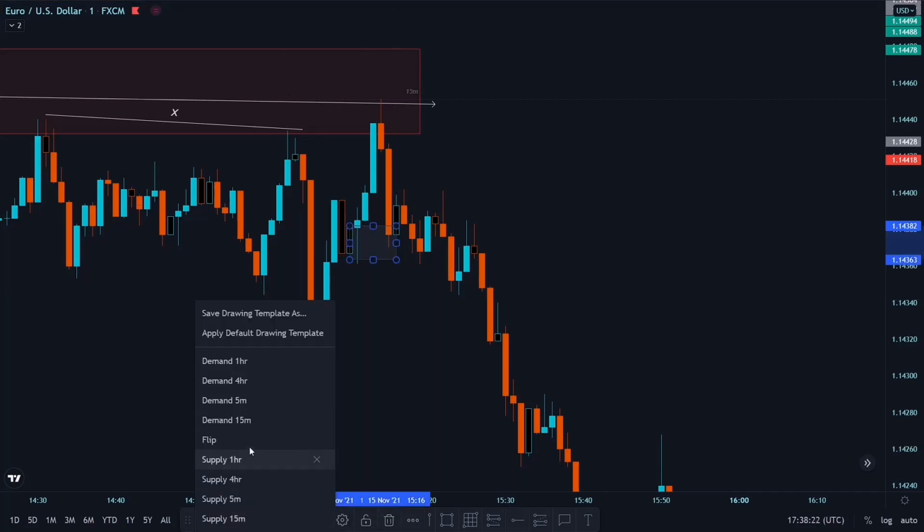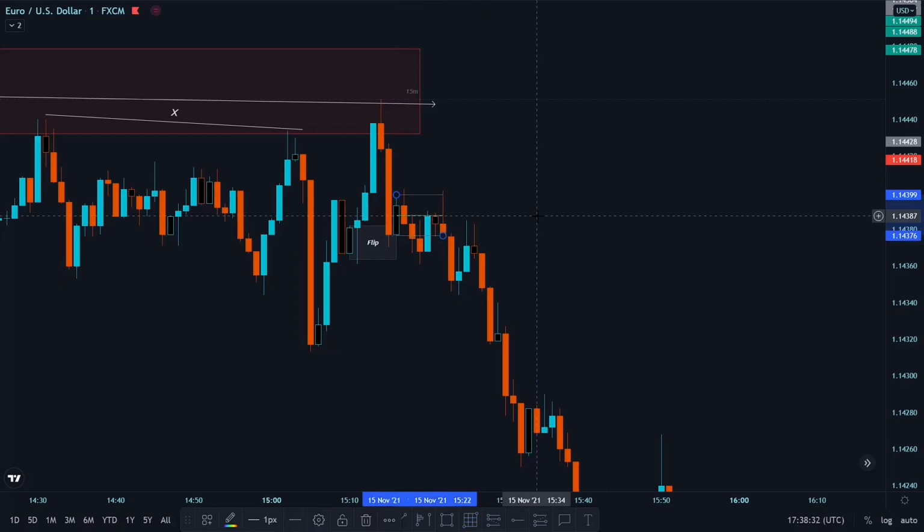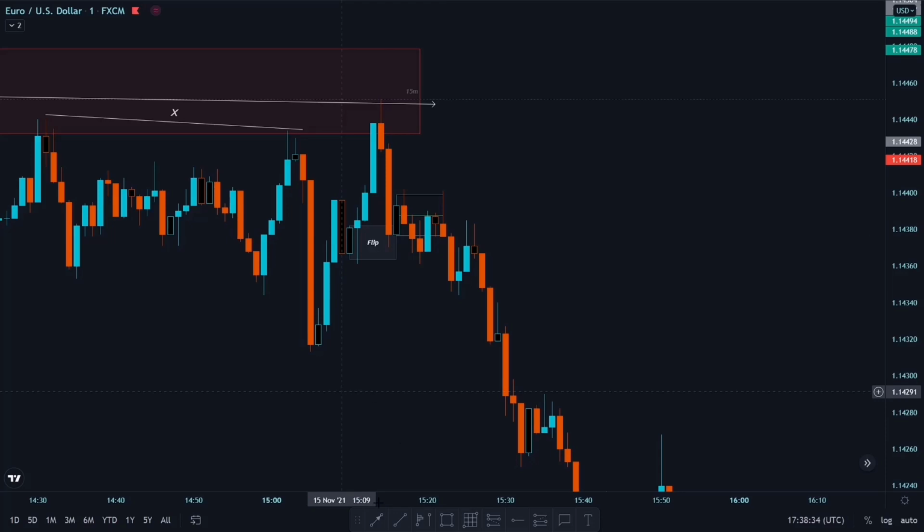This demand becomes our supply. Again I mark this candle and place my sell limit. So this was the scaling for my first entry.